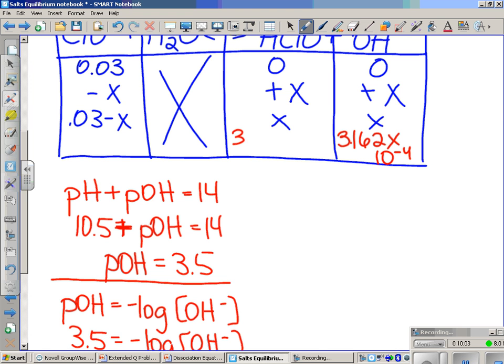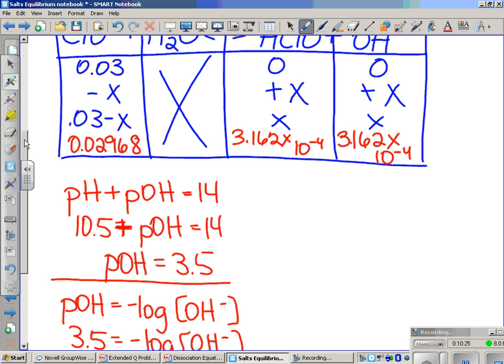That also tells me this one, because that is what X is now. And then over here, so I have all my concentrations.